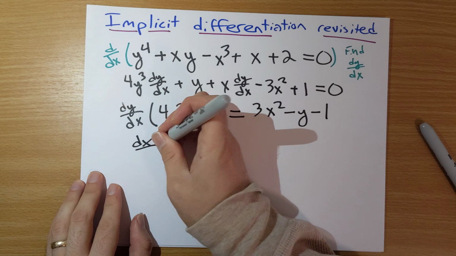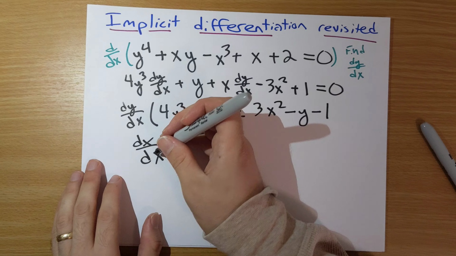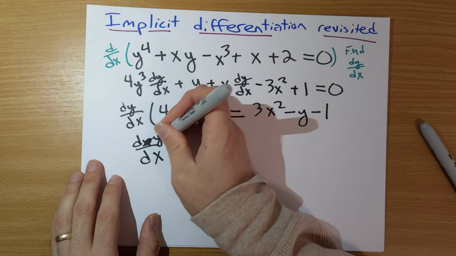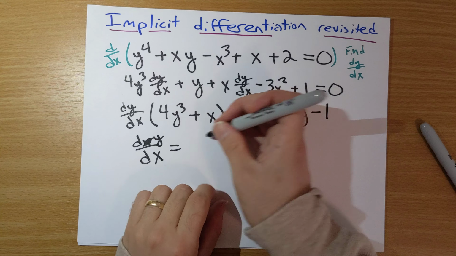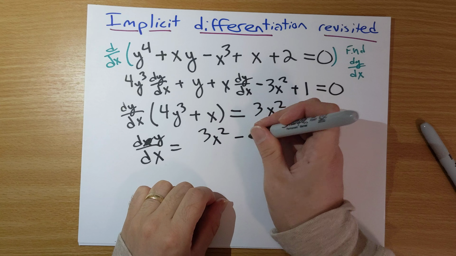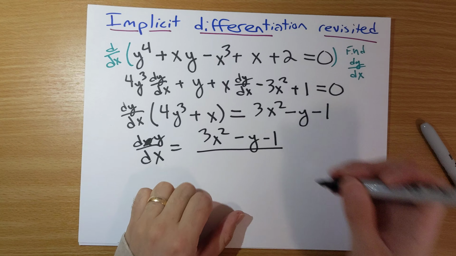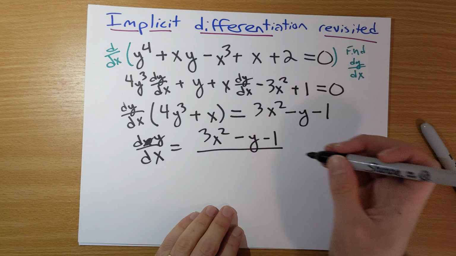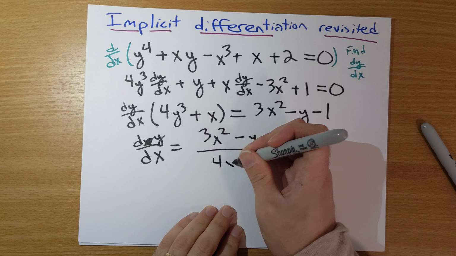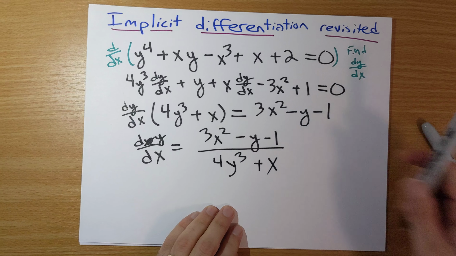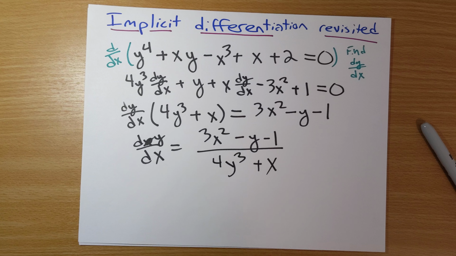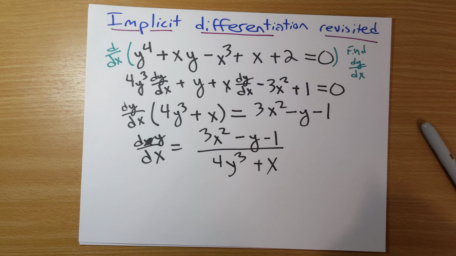And so our final step would be dy dx is 3x squared minus y minus 1 over 4y cubed plus x. Everything on this slide is all review. This is stuff that you've seen before, stuff that you already know.